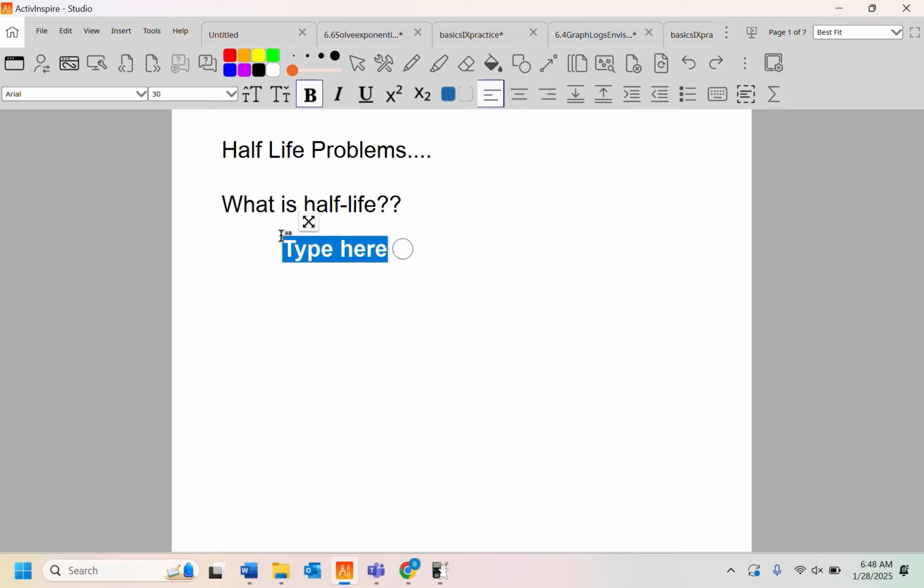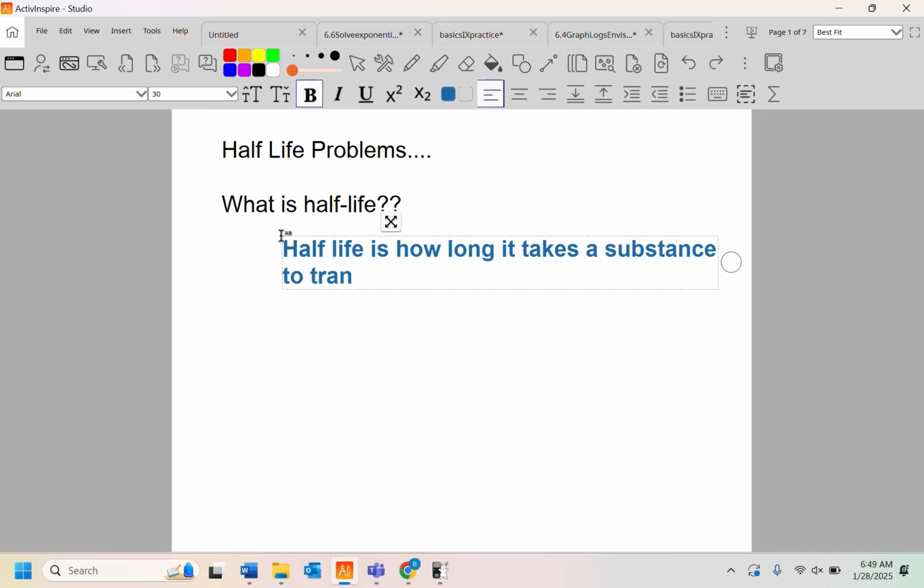So what is half-life? Half-life is how long it takes a substance to transmute into a different substance. Or when you talk about maybe medicine, how long it takes for your body to discharge to some degree the medicine that you take.